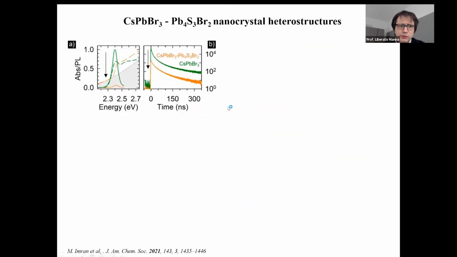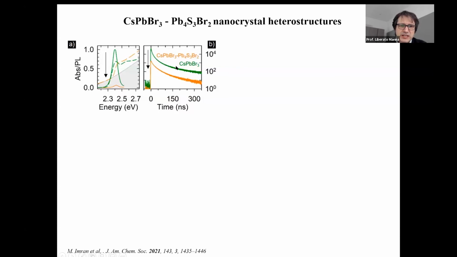And what we saw was the residual PL that we get from the heterostructure, and in this panel the heterostructure spectra are in orange. So very low PL, more or less at the same position as the PL from a solution of isolated cesium lead bromide nanocrystals. Here you see the PL lifetime from the green emission from the heterostructure.